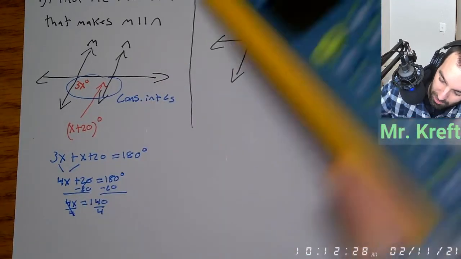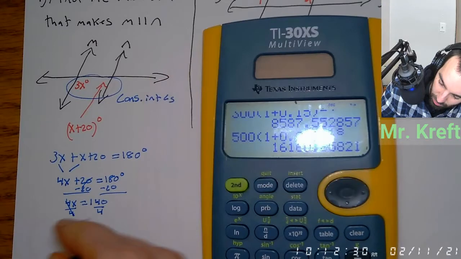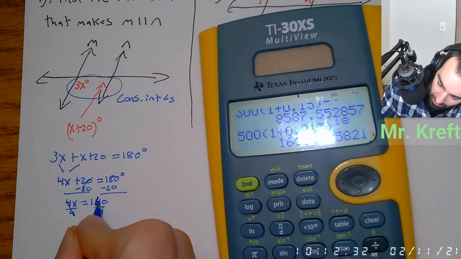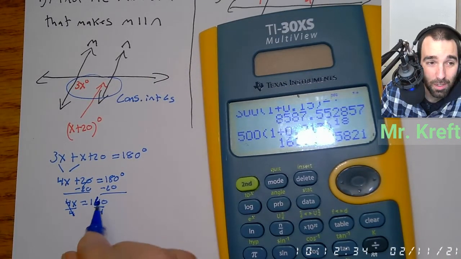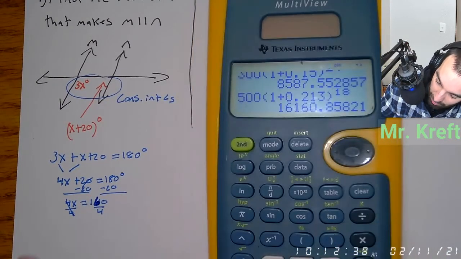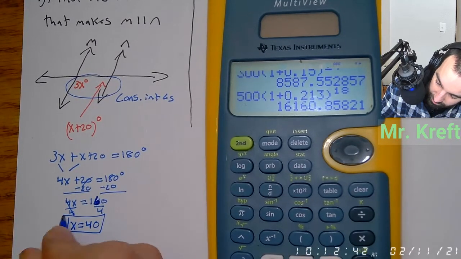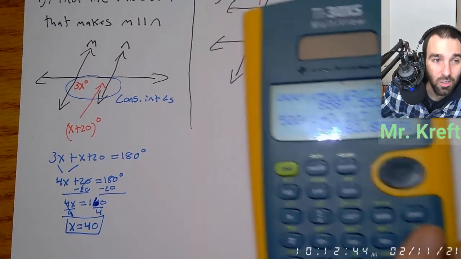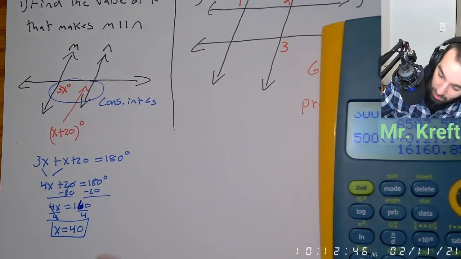Oh my gosh. Okay, I had this in my head, and then, oh yeah, that's what I did wrong here. Last time I checked, 180 minus 20 is 160. So 160 divided by 4 is 40. Okay, like that. So that's the value of x.